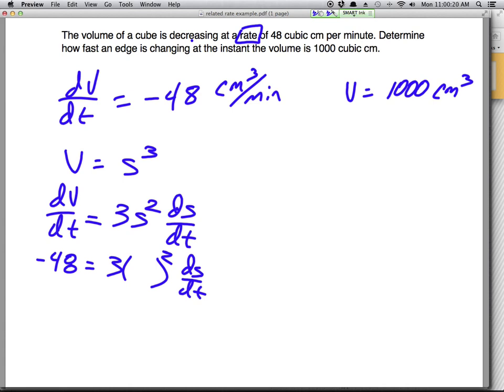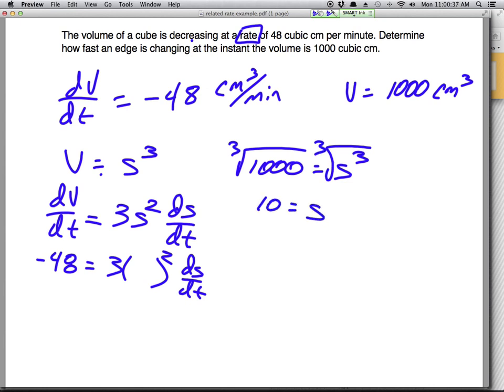I need an s. I don't have an s, so I need to go back to the original equation and find it. They'll usually give you another piece like they did here. They told me the volume is 1,000. So I do 1,000 equals s cubed. I take the cube root, and that tells me s is 10. So then I can stick 10 in here.